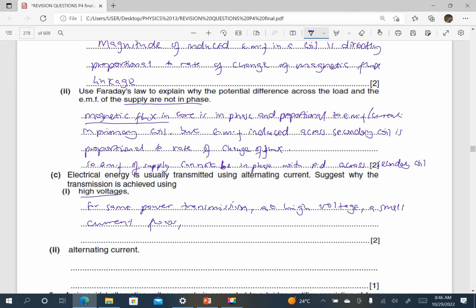And a small current means less power dissipated in the transmission cables, so less energy loss.